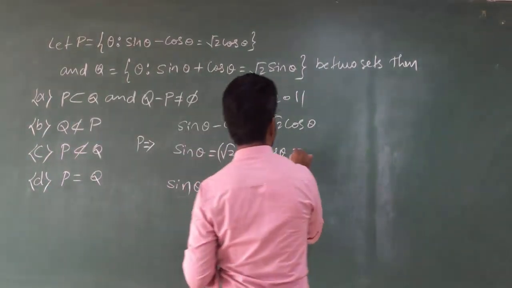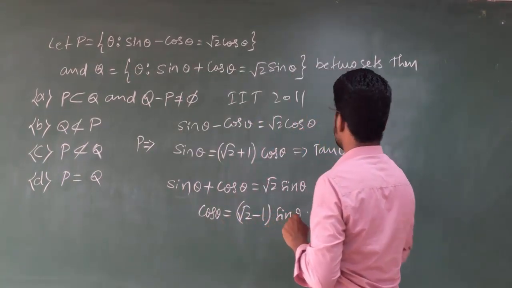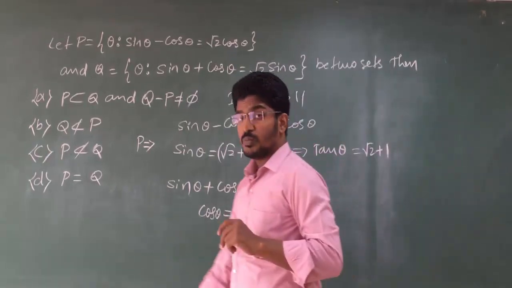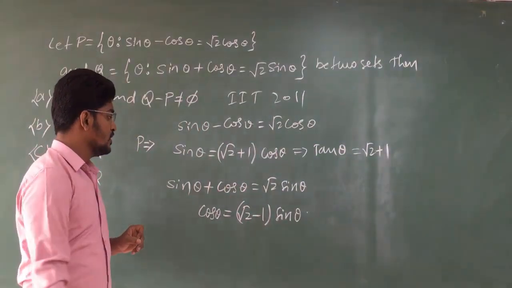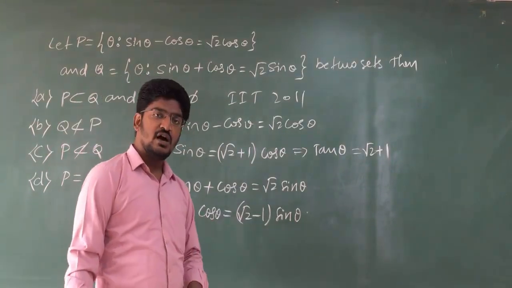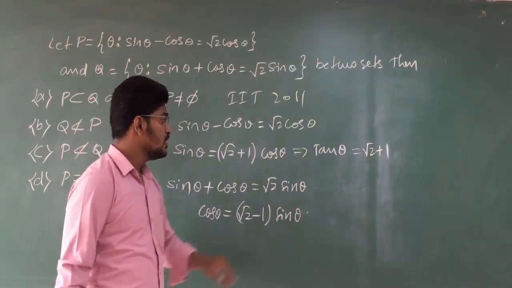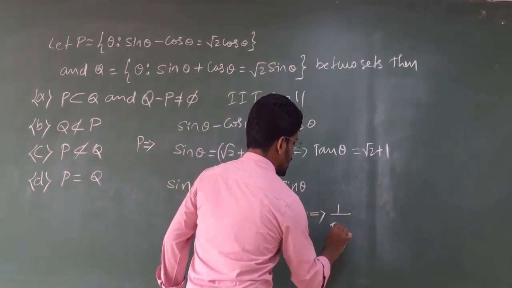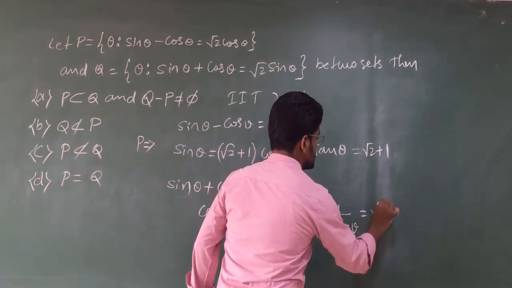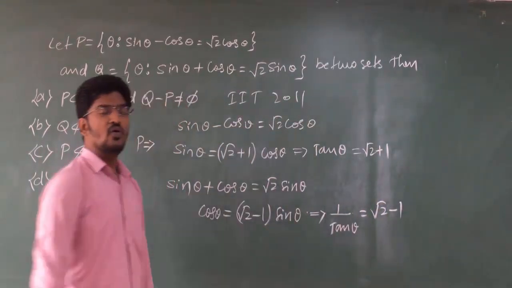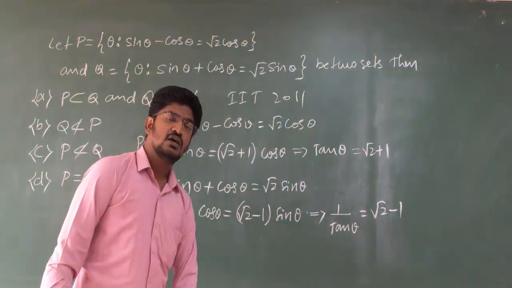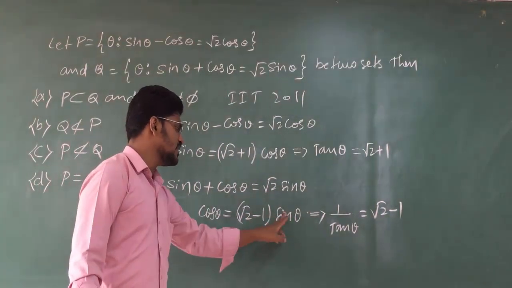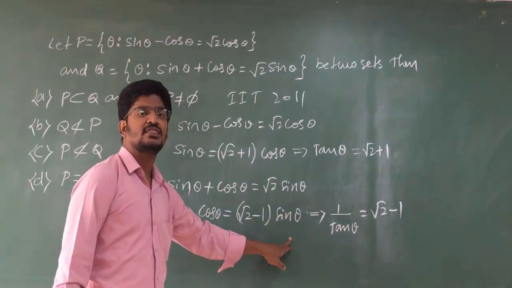It will be tan theta equal to root 2 plus 1. Clear? For the second, if I divide by cos theta on both sides, cos theta will be cancelled, and sin by cos theta will be tan theta.